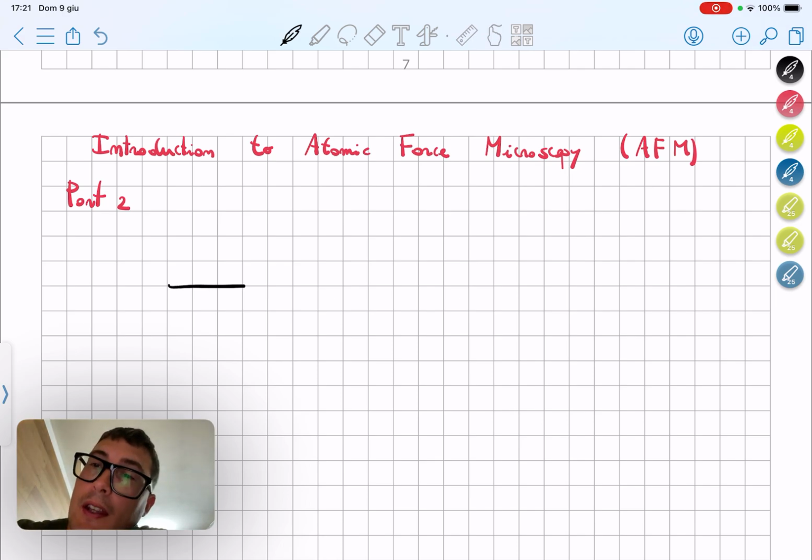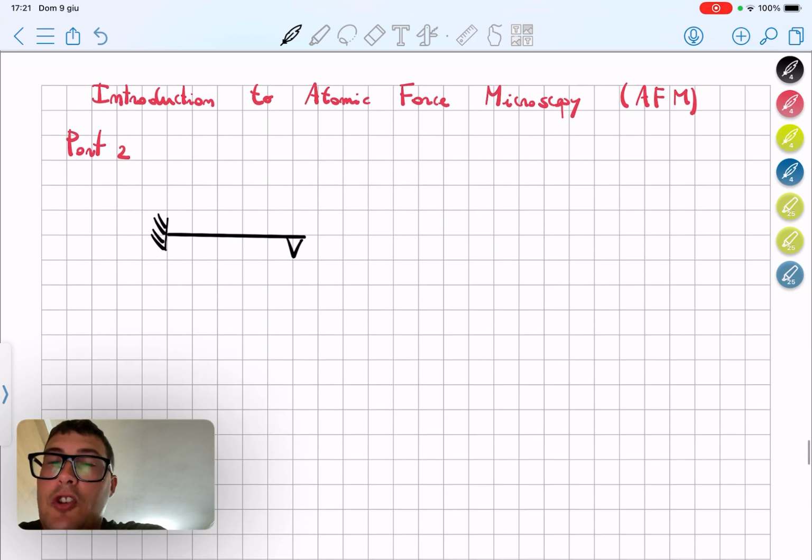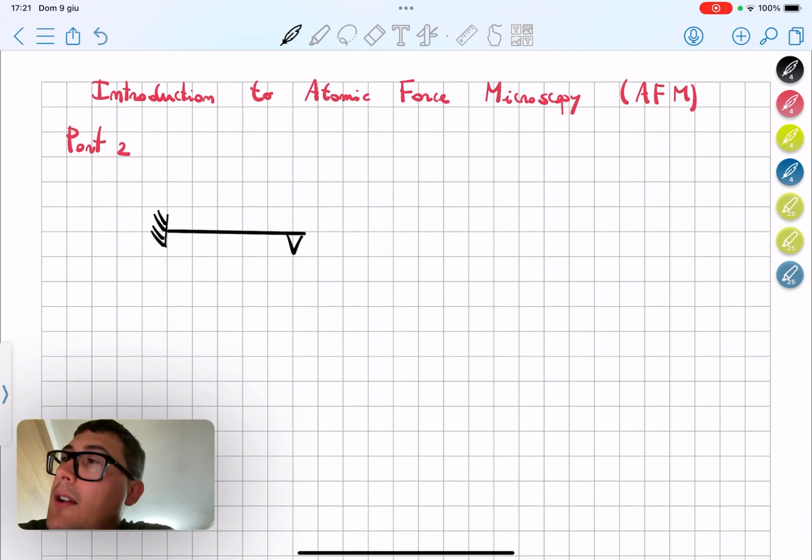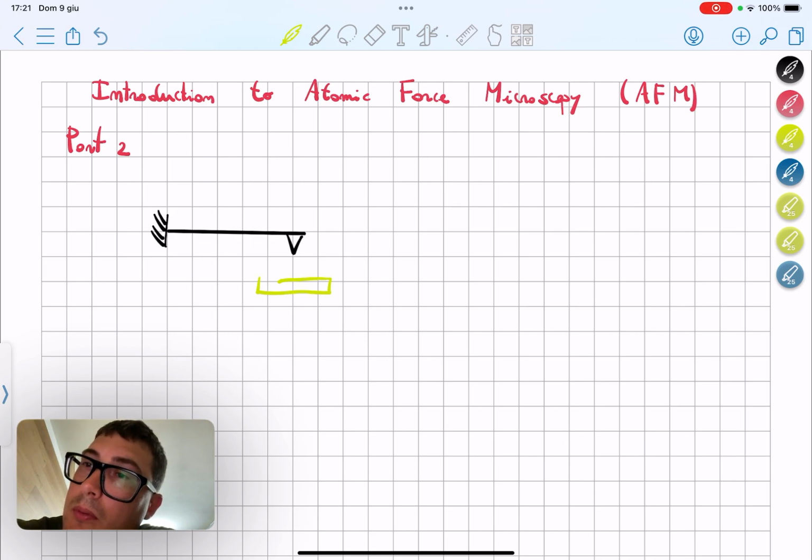So we have seen that the main element is this cantilever, which is a beam that features a tip, and there is our sample.